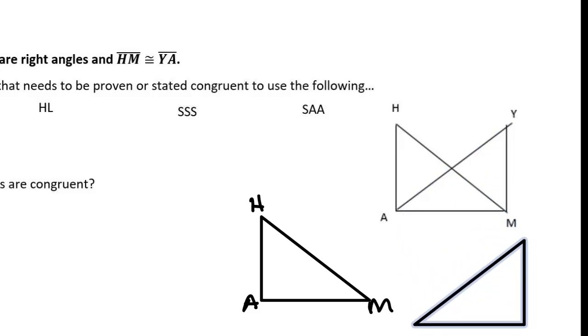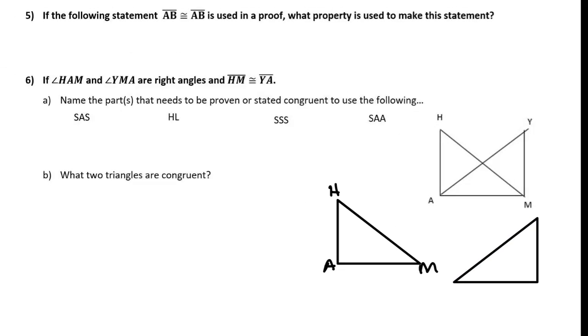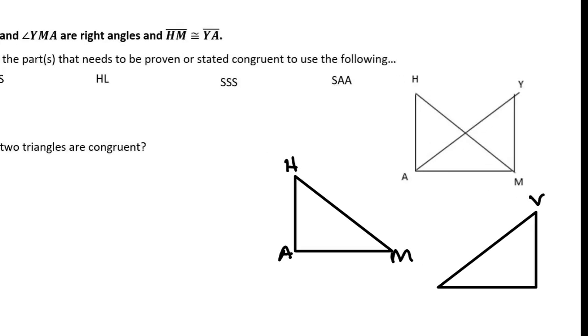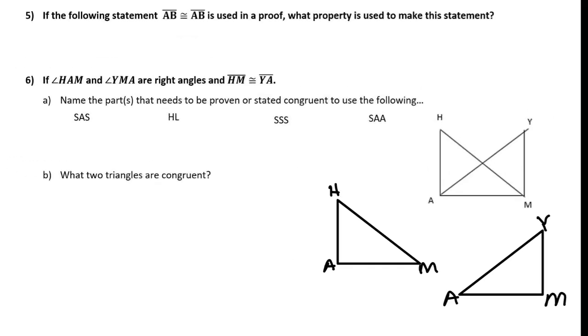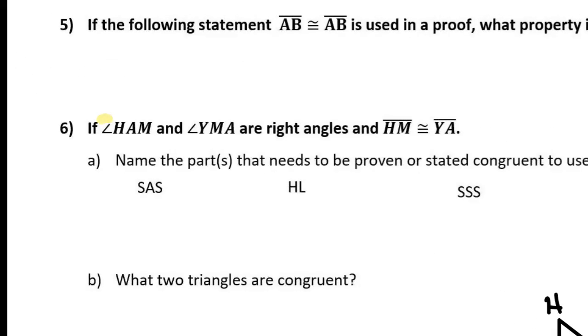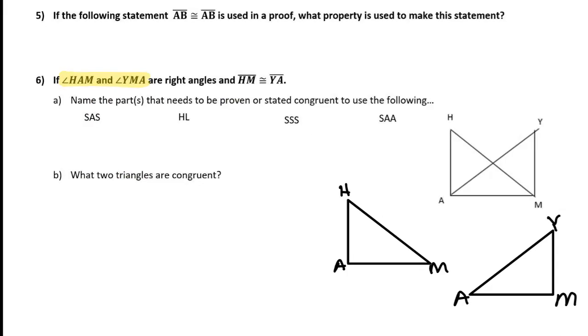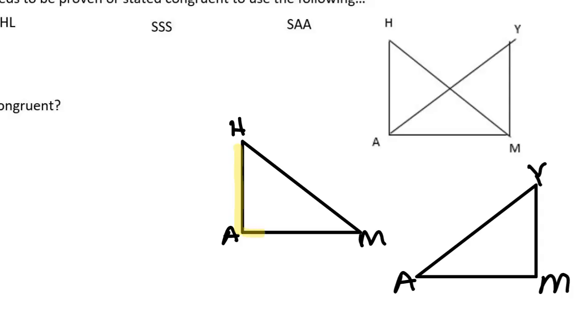I'm going to copy this one, which would be triangle YAM. Ham and yam. Thanksgiving triangles. They told me that angles HAM and YMA are right angles. So HAM, that would be this.